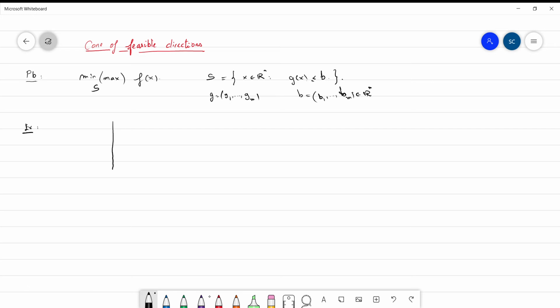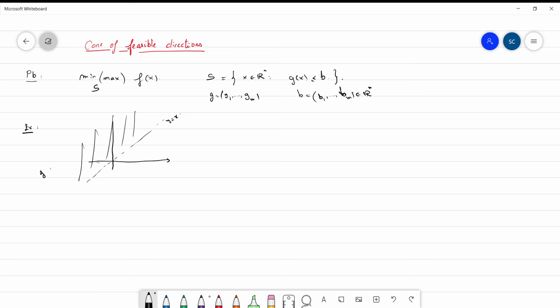Okay, here is my set. Y equal x is this line. Y greater than x is my set. This is my set.